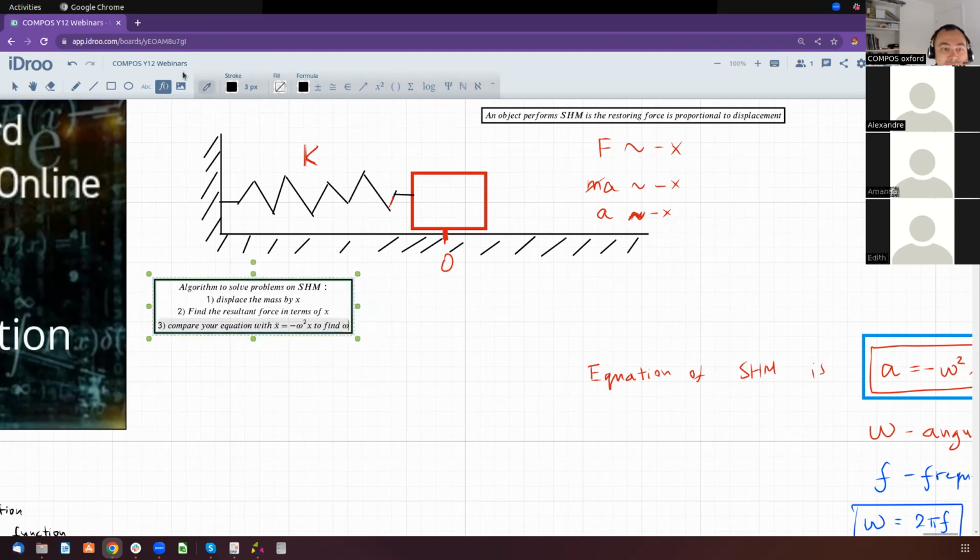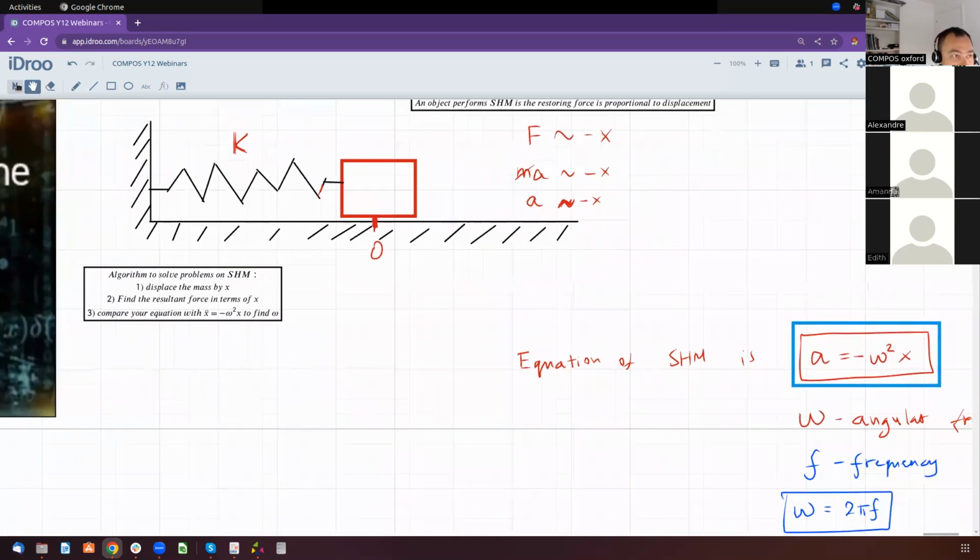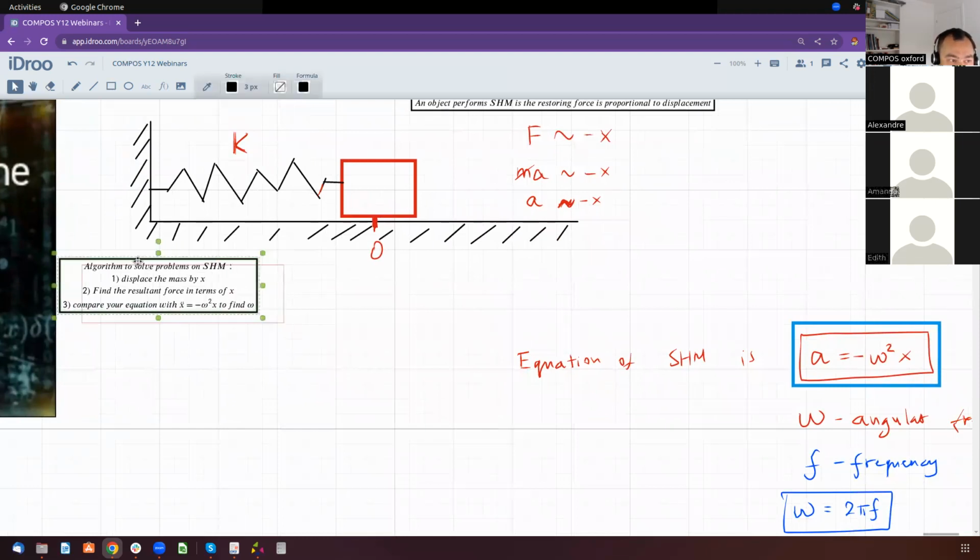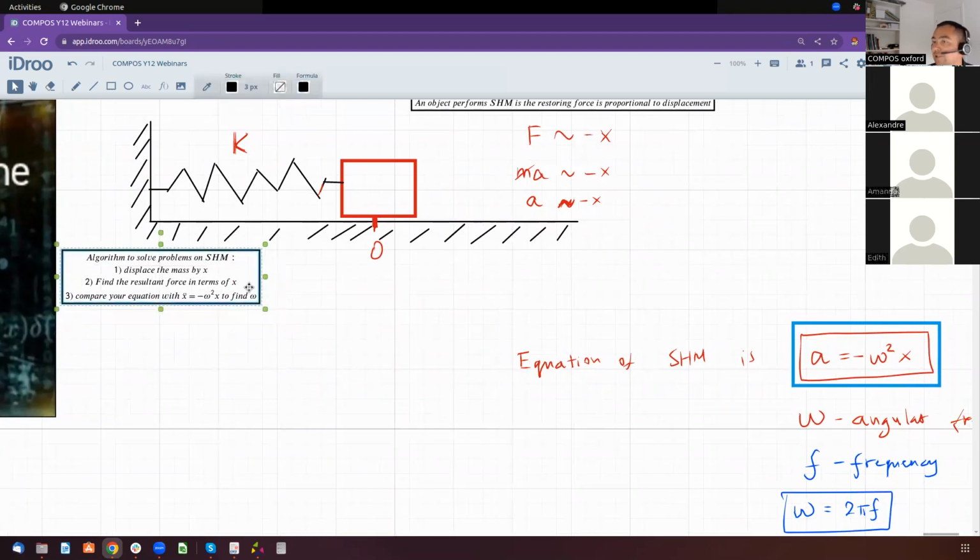So hopefully this will make sense in a bit. So this is the algorithm to solve problems on simple harmonic motion. In most problems, you need to find the time period. So this is to find the time period.